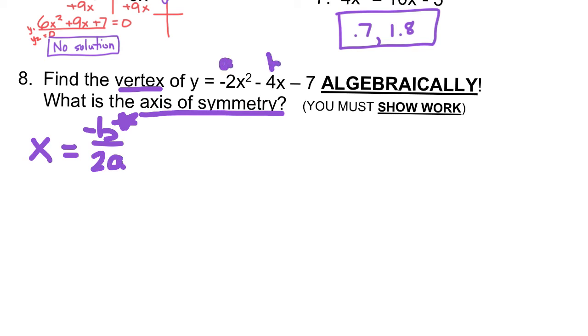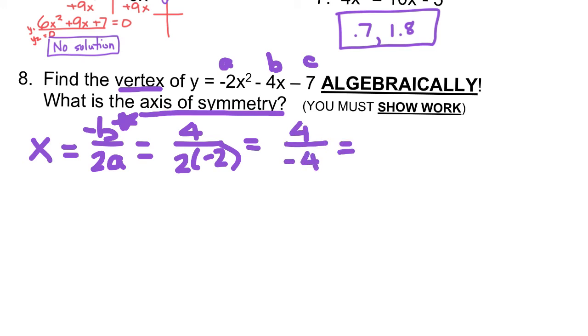Remember your a, b, and c. So the opposite of b is -4, so the opposite of -4 is +4, over 2a. So 2 times -2. That would be 4 over -4, which would be equal to -1. So the axis of symmetry is x equals -1. It is an equation of a line.